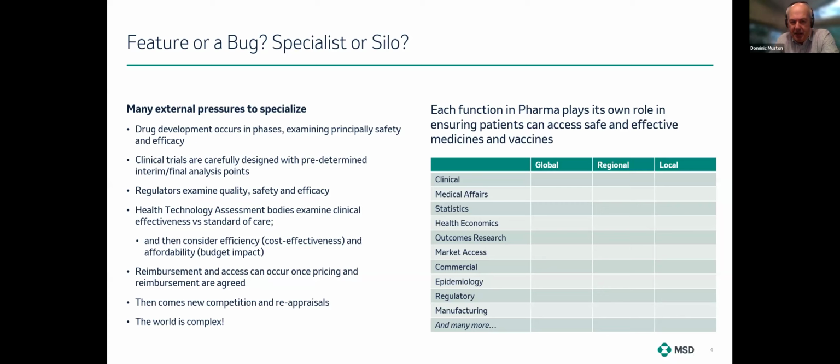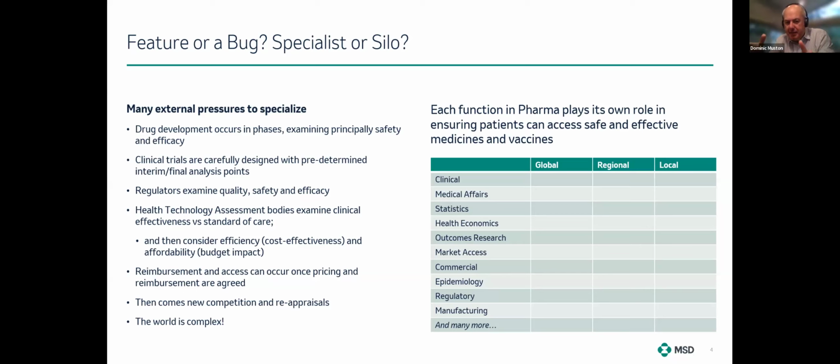The pressures to specialize, I think, come from the fact that drug development occurs in many different phases, starting with safety and efficacy, and then we might move on to clinical effectiveness and anything to do with economics. We have clinical trials that are not a continuous stream of data, but instead are carefully designed with predetermined interim and final analysis data points.